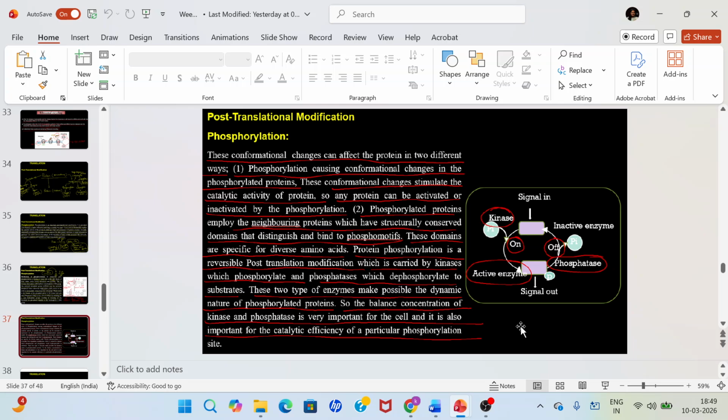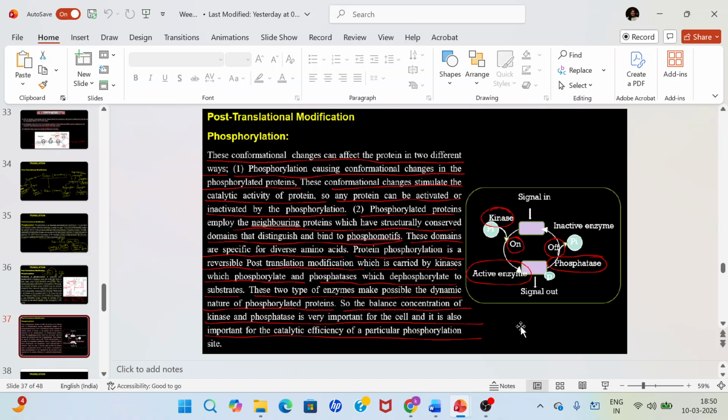Next, conformational changes can affect the protein in two different ways. Phosphorylation causes conformational changes in the phosphorylated protein. These conformational changes stimulate the catalytic activity of the protein, as I was telling you. Either it can activate a protein or it can deactivate a protein.